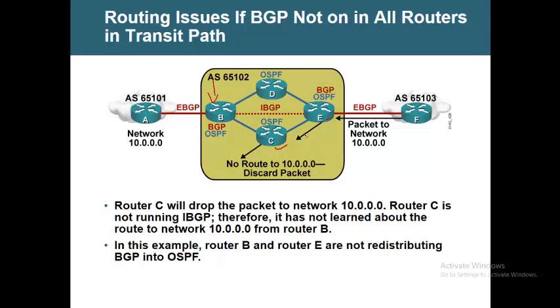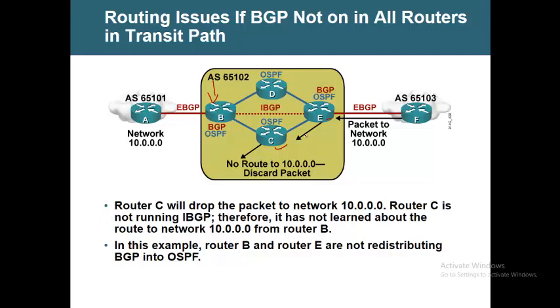Now, what do you understand from this? We need to know a solution. There are various solutions to this problem. We understand one thing, that C and D don't have routes, so they dropped it. We somehow need to bring route here.